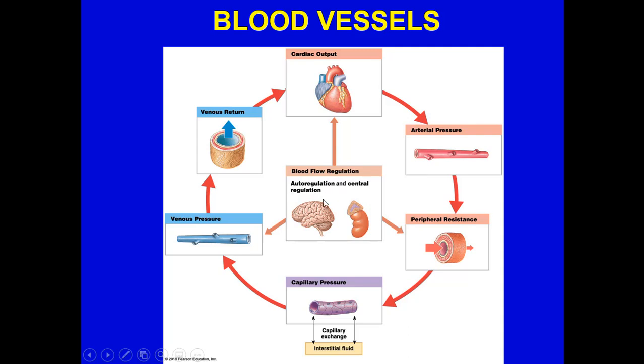What I mean by autoregulation, this may be situations within the tissue, but it may feed back also to the brain. The brain may play a role both in the control of peripheral resistance as well as venous pressure, as well as heart rate. And also, we have several other factors such as the adrenals with norepinephrine and epinephrine.